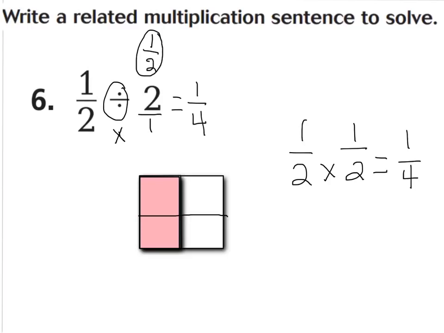You just switch the numerator and denominator around. And so this is going to be your multiplication sentence that is related. So 1/2 of a half equals 1/4. And of course it would be shaded like this, which shows you 1/4. So a half of a half equals 1/4.